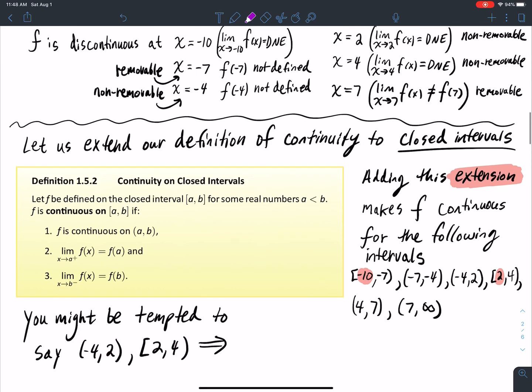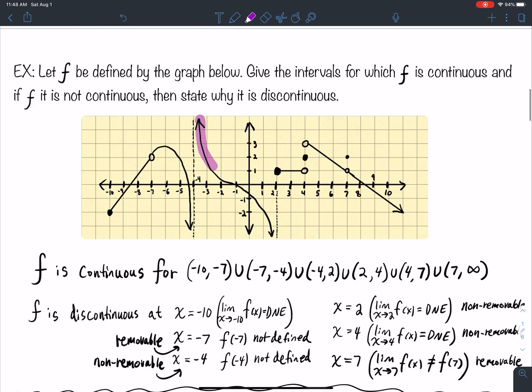is continuous. Meaning from here to here, we're continuous. But then from 2 to 4, we're continuous.